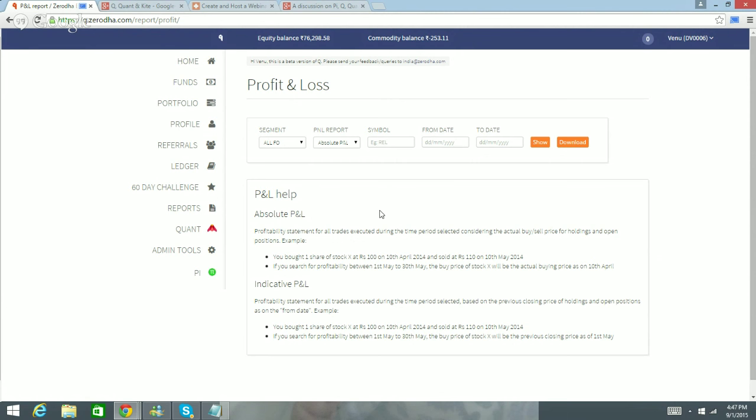So someone is holding Infosys for 5 years, bought at 1,000 rupees, and today he sells it at 5,000 rupees. We will not tell him that he made a 4,000 rupee profit and declare him a winner of the challenge. We will consider the value of Infosys on the first day of the challenge. So if it was 990 rupees on the first day and today it is 1,000 rupees, we'll say 10 rupees is what you have earned. Everything else is not really counted.